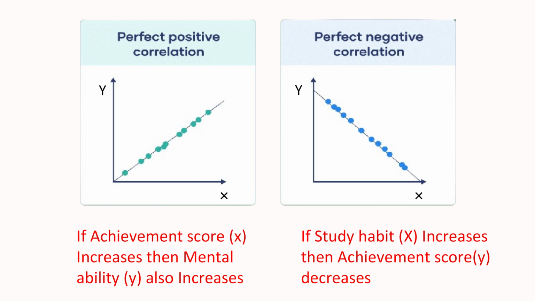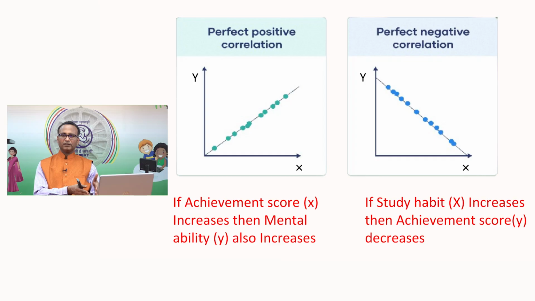Negative correlation: one variable increases, another variable decreases. For example, one student decreases the reading time, the study hours decrease, and student achievement, suppose, increases. So, this is a case of negative correlation.